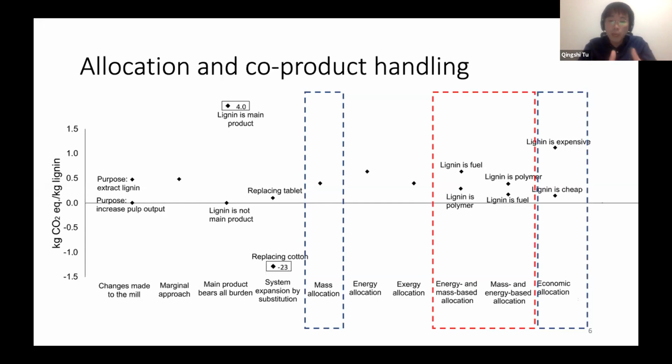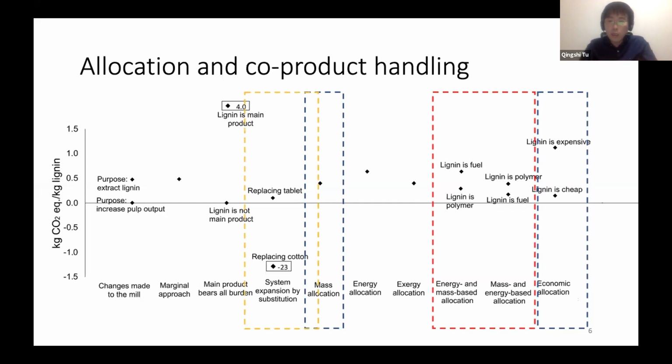And then you allocate a mass-based input, like chemical use and other material use, between these two products, again, based on their material use efficiency. So this is a hybrid allocation method that's less commonly used as compared to solely mass or solely economic allocation. So this further complicates things, right?